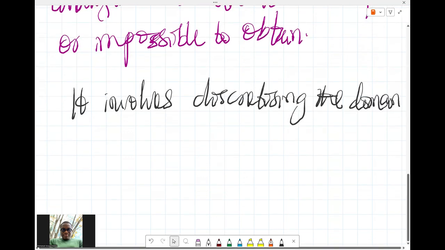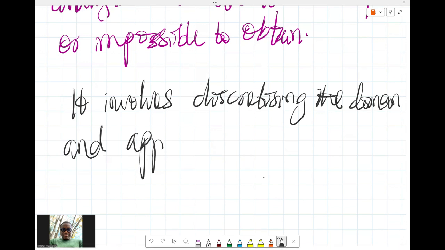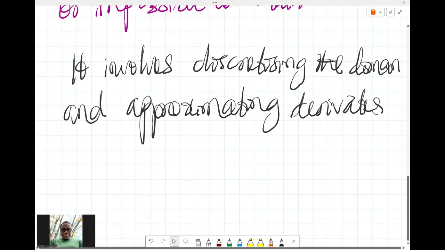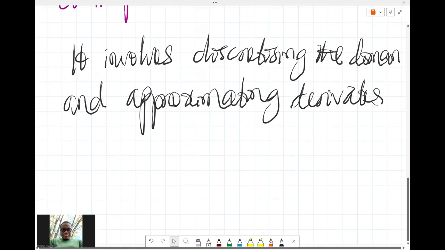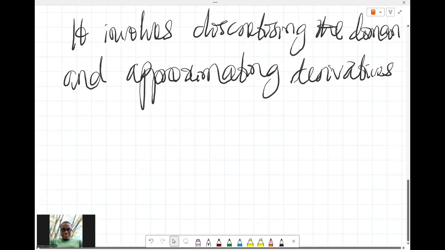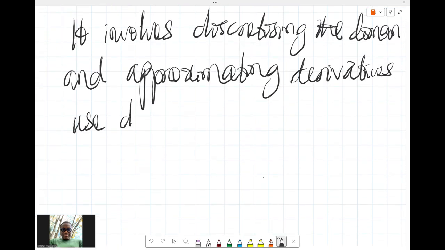It involves discretizing the domain and approximating derivatives using difference formulas.